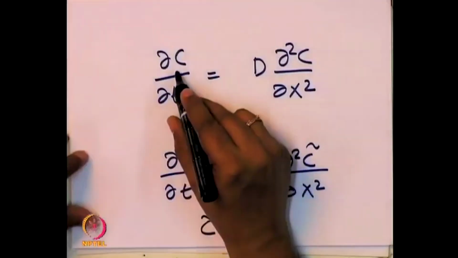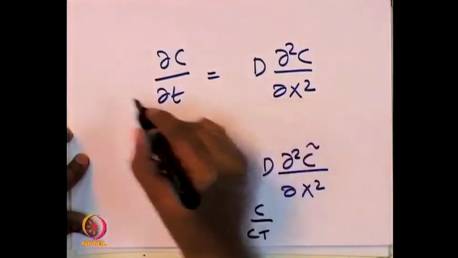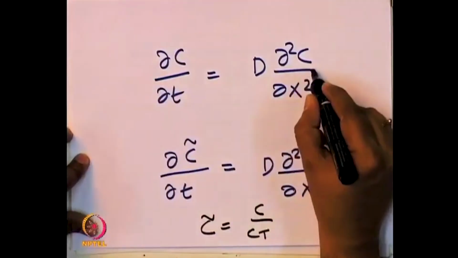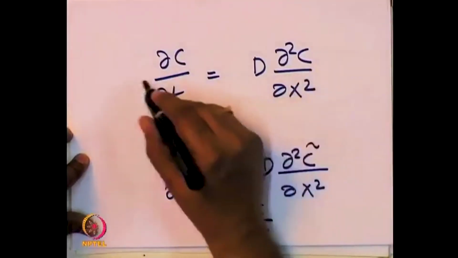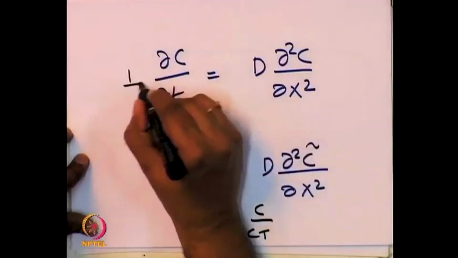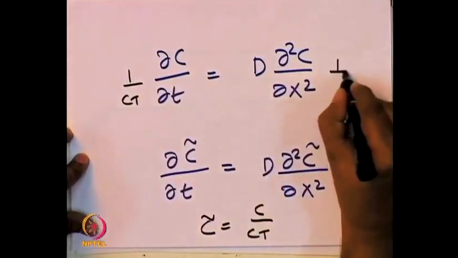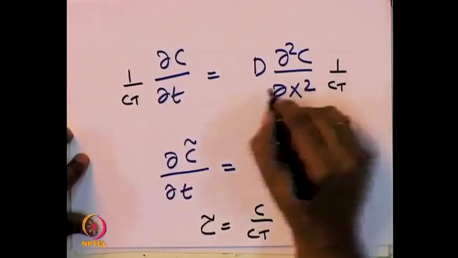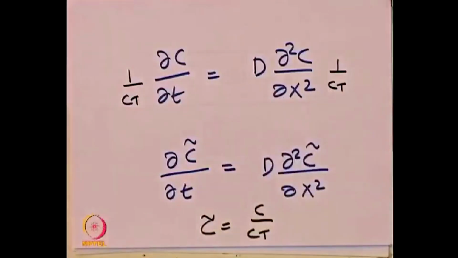You just divide here by a constant, here also by this constant C t, both sides. Since it is a constant, I can get this equation.